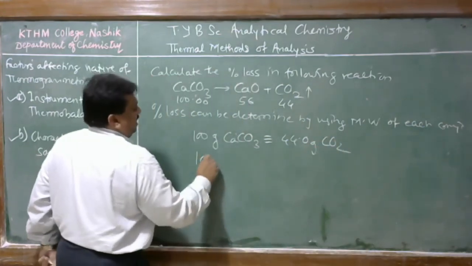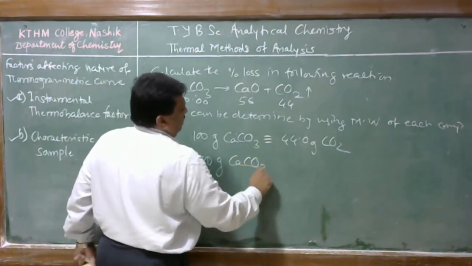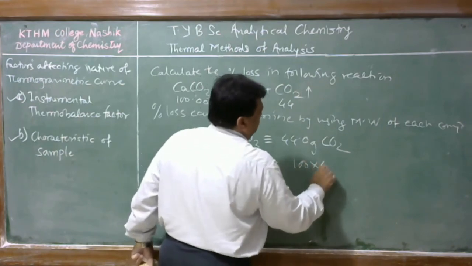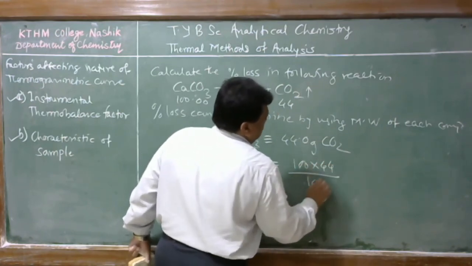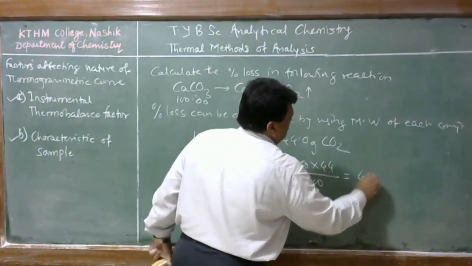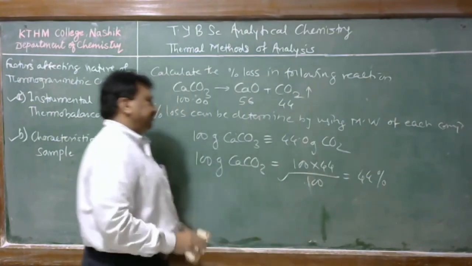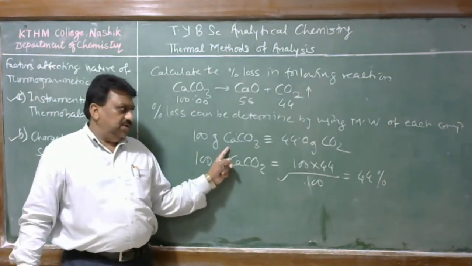If we have 100 gram of calcium carbonate, what is the loss? Therefore, 100 into 44 divided by 100, and so the percent loss is 44%. Therefore, the loss in the reaction can be determined.